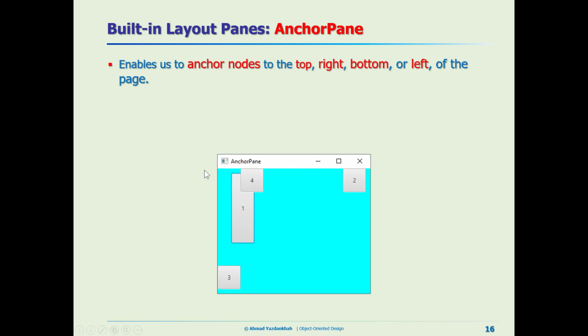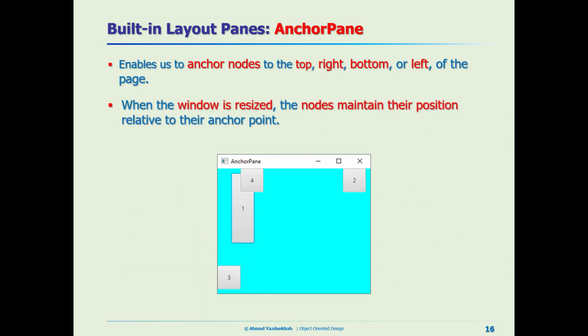You see here, we anchor number 2 to the right and number 1 to the left, number 4 to the top, and number 3 to the bottom, but with different settings. When you resize the window, all of these nodes preserve their position relative to whatever you anchored them to.